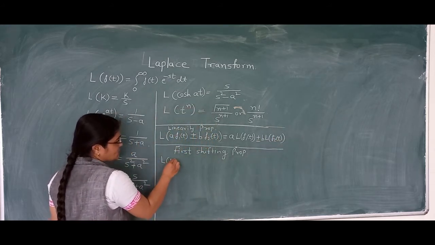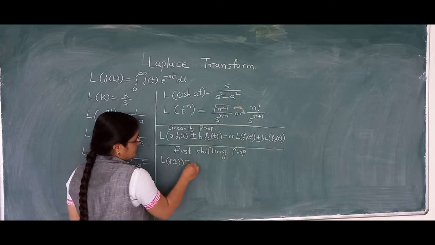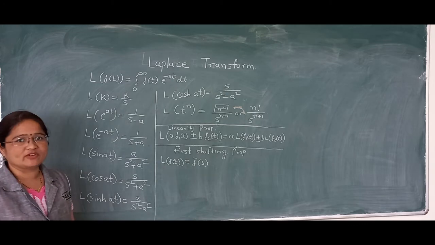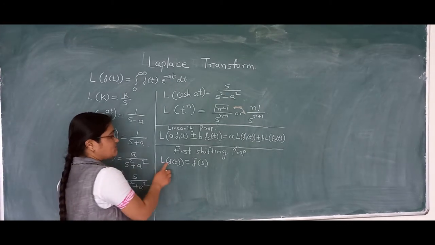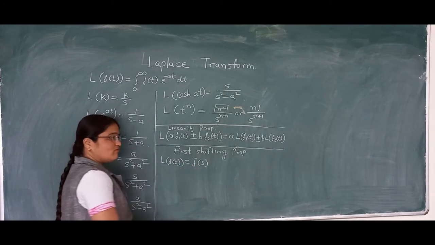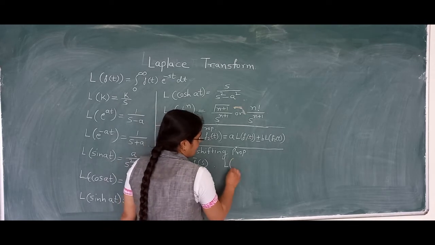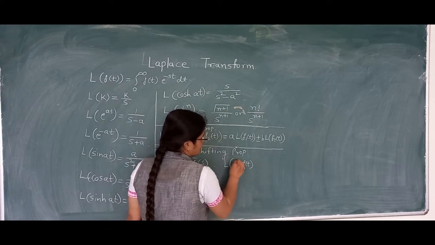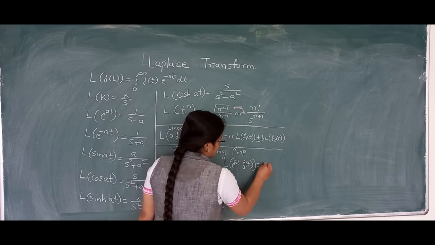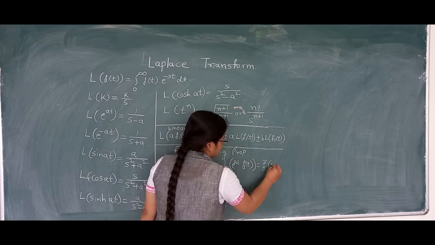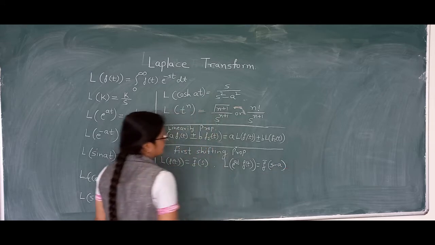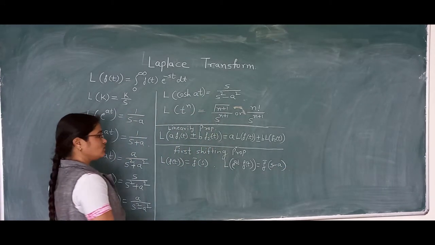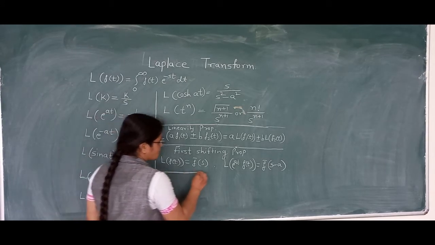If Laplace of f of t is f bar of s, this is the notation which we have used always, then if f of t is multiplied by an exponential e raised to at, the Laplace is shifted, that is f bar of s minus a. It is also known as the first translation property.